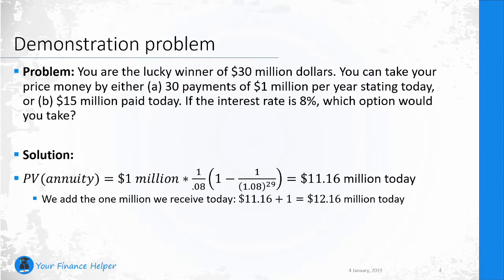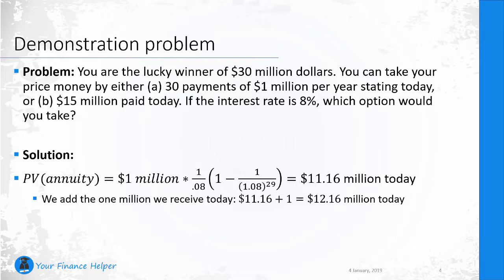You will have 29 years of these payments. So let's look at why you have 29 periods and why you don't choose 30.